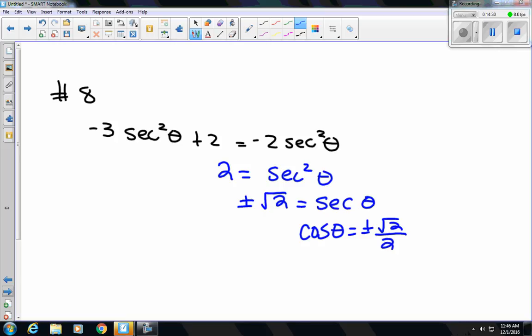Cosine is the reciprocal of secant. So I just split this over 1, 1 over root 2 rationalizes. I call out the answers: pi over 4, 3 pi over 4, 5 pi over 4, and 7 pi over 4. Okay?